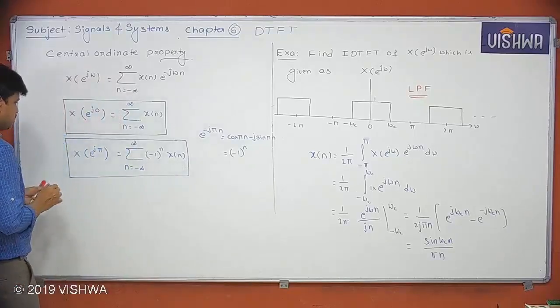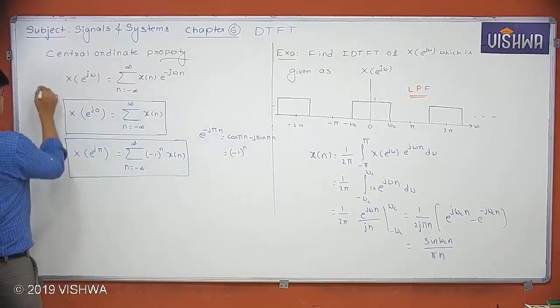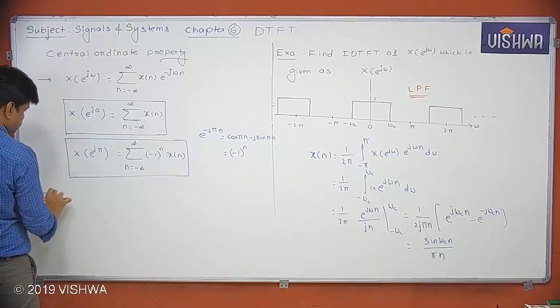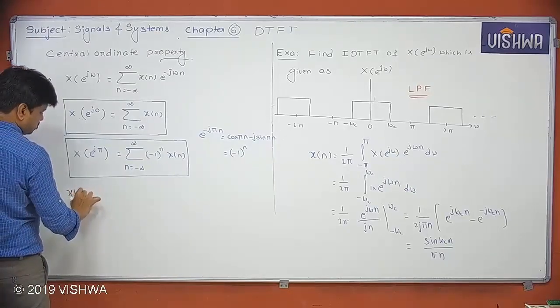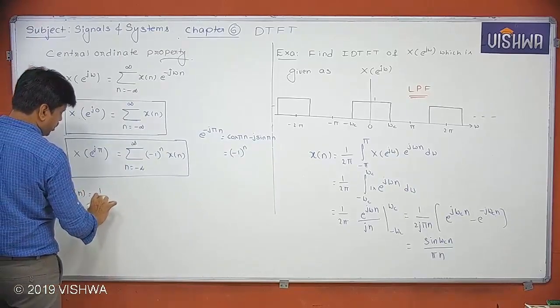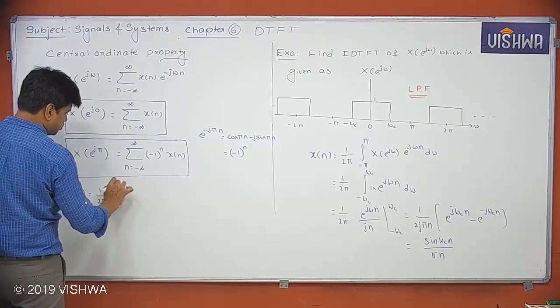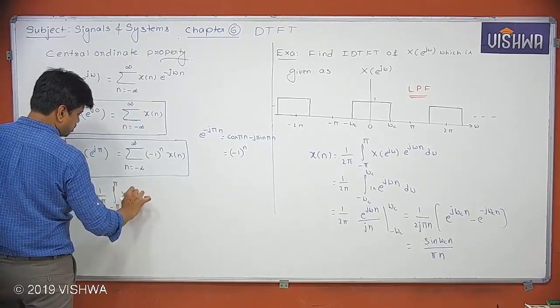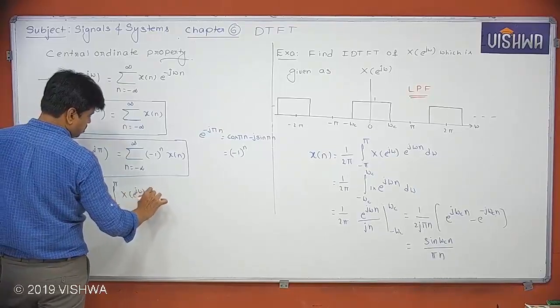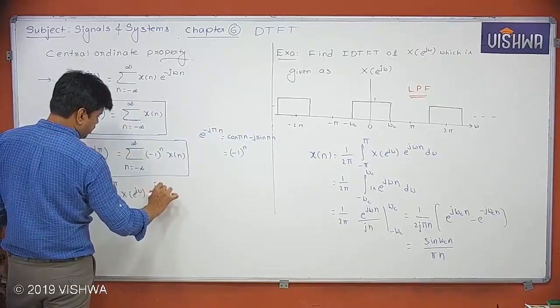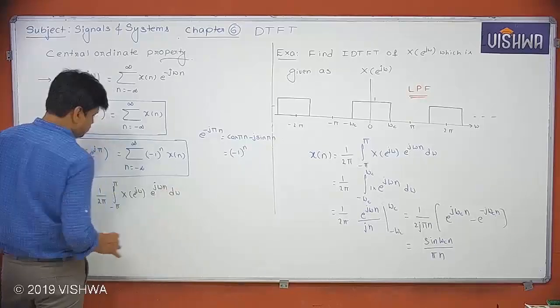Next, we have seen the formula for x of n. x of n is equal to 1 by 2 pi, integral from minus pi to pi of X of e power j omega, e power j omega n, d omega.